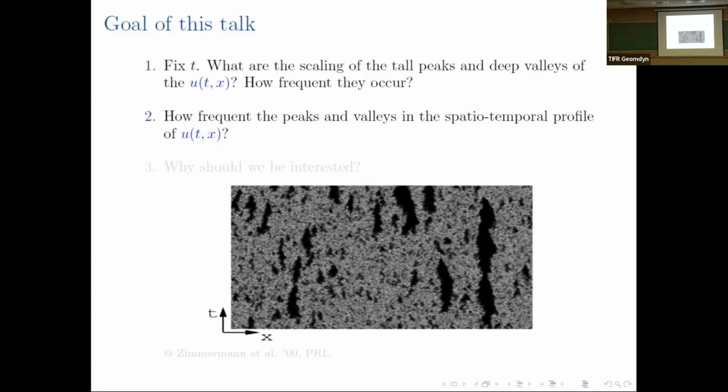Essentially, if you believe Anderson localization holds, this would be the weight of the location of the eigenfunction, and how frequently they occur. How would you measure that, like a density of the peaks? And you can ask the same question for the spatio-temporal profile as well. I will try to answer that too.